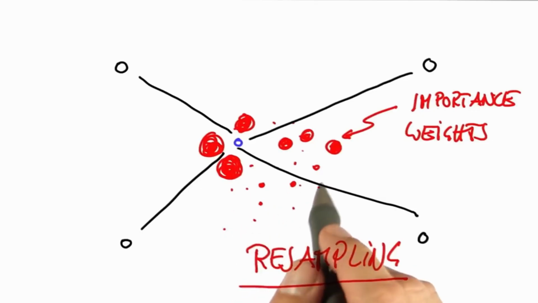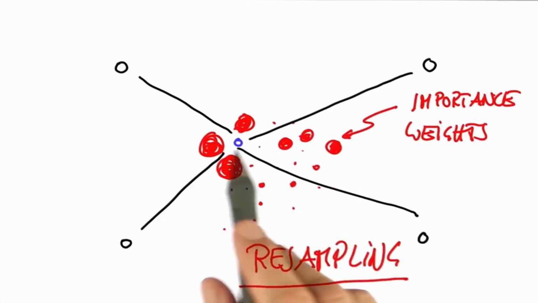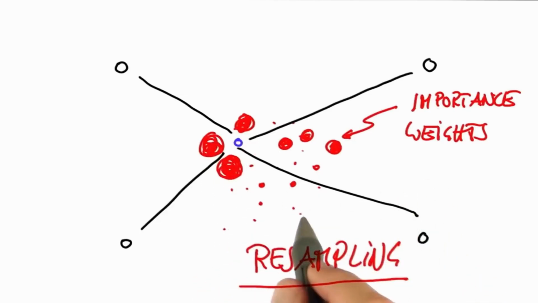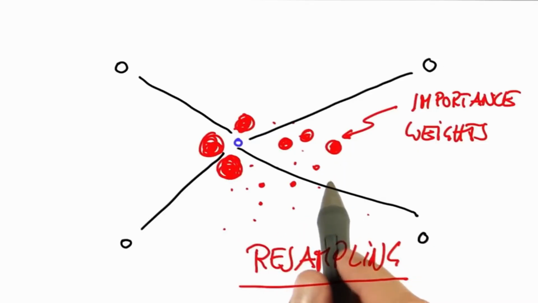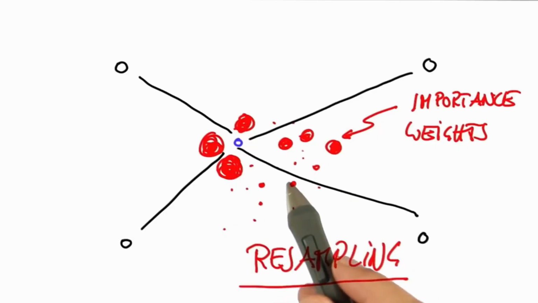And that's exactly what happened in our movie in the beginning when we looked at localization in this corridor environment. The particles that were very consistent with the sensor measurement survive with a higher probability, and the ones with lower importance weight tended to die out. So we get the fact that the particles cluster around regions of high posterior probability.